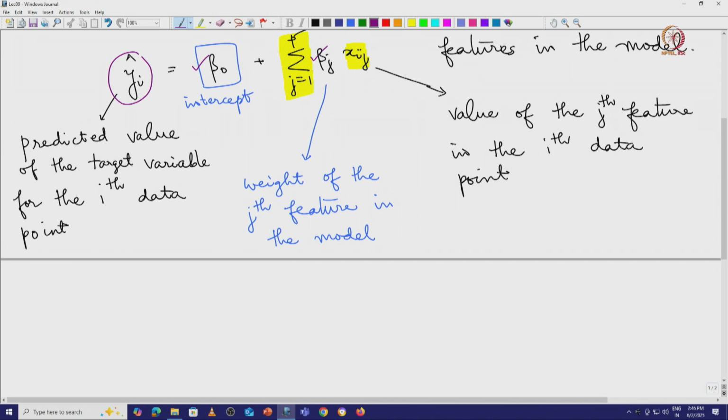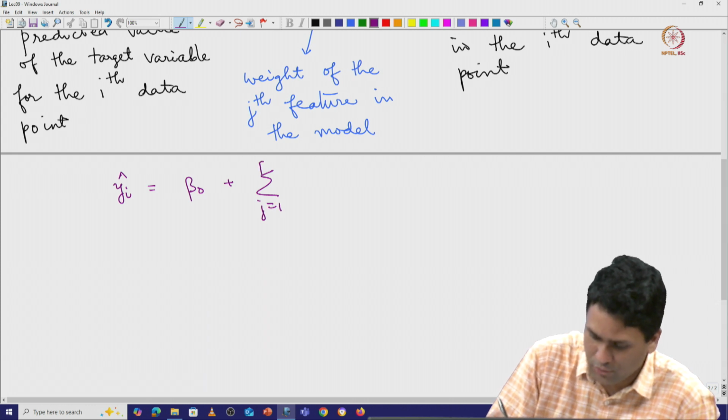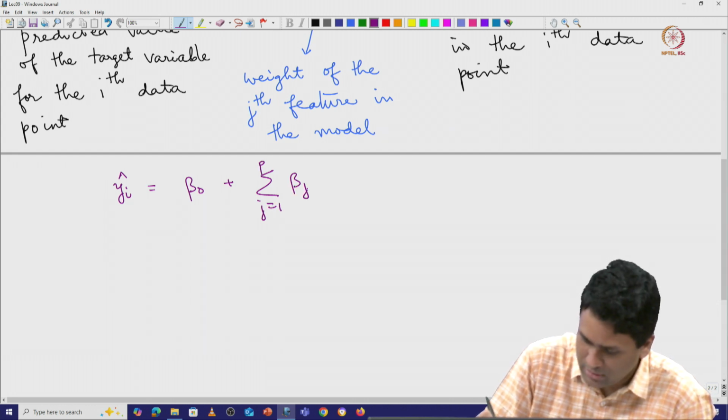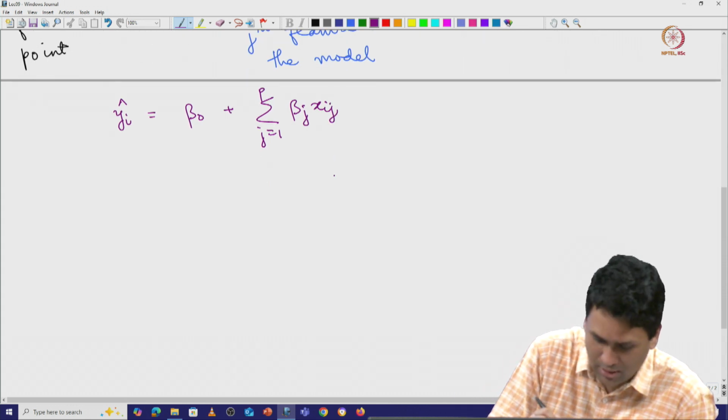The left hand side, as you can see, is y i hat, and then you have a matrix of the various features, and then you have the vector of weights beta. So, how you will write it is as follows. One equation can be written as: y i hat is beta naught plus the sum over j going from 1 to p of beta j x i j, and now we can write this in matrix form.